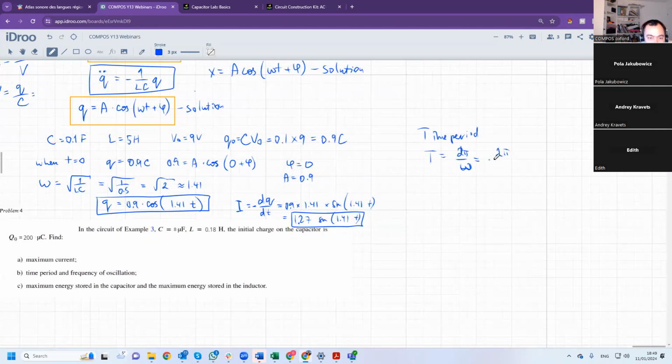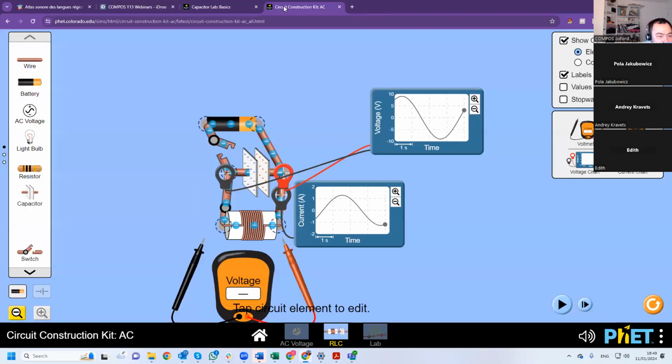So it's 2 pi divided by 1.41, which is approximately 2 pi divided by the square root of 2, which is 4.44 seconds, the time period. And let's have a look. Does it seem right?